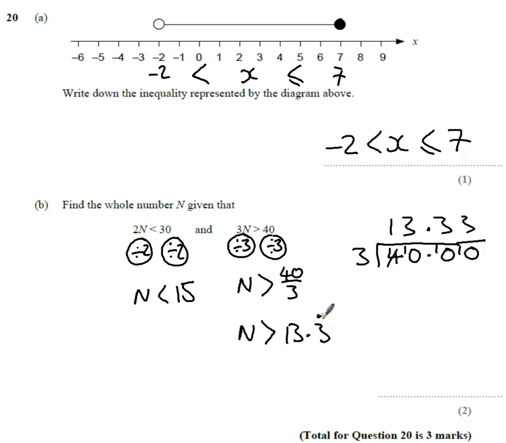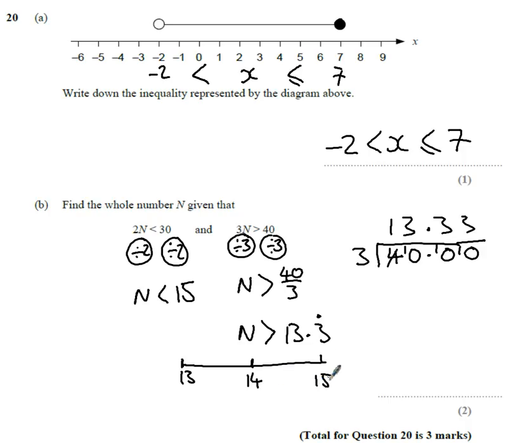Now if we look at this, it's saying that n must be smaller than 15, but it must be greater than 13.3. So if you think of your number line here, where I put 13, what we're saying is at this point here we have 14 because it says it must be a whole number, and 15 here.